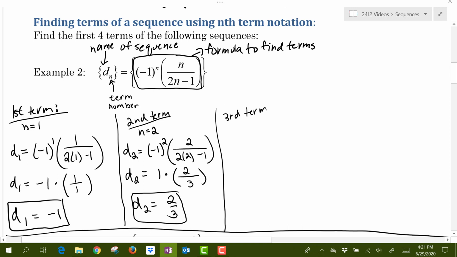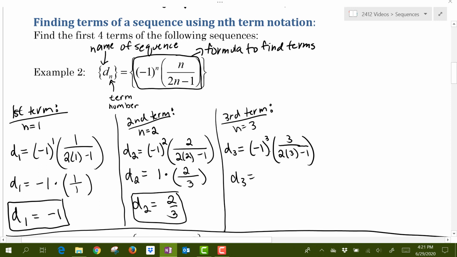Let's find the third term of the sequence. We'll set n equal to 3. So d sub 3 is negative 1 to the power of 3 all over 3 times 2 times 3 minus 1. Now we'll simplify that.